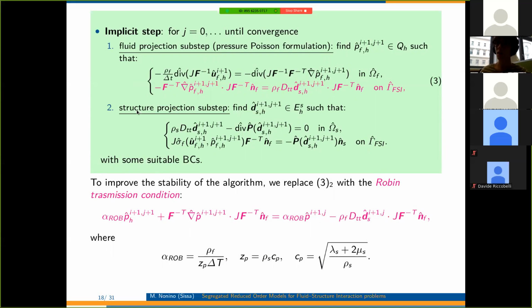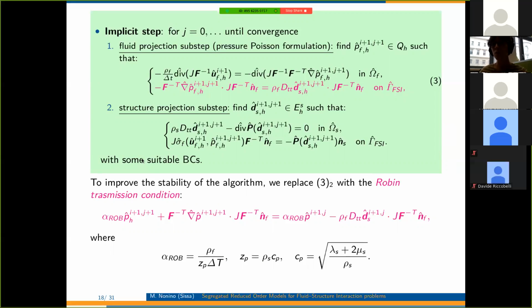There are a few papers that show you that. So this is the reason for using the Robin transmission condition. And of course, if you use a time step that's too big, that's not going to work. You will have stability issues and the two sub-problems are not going to converge.